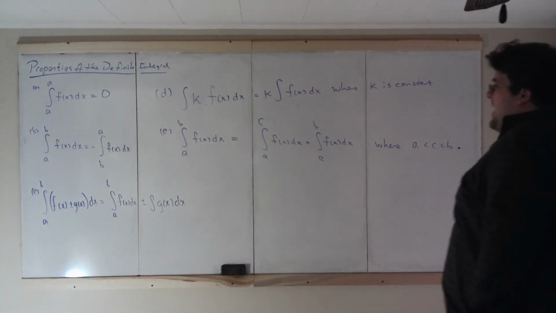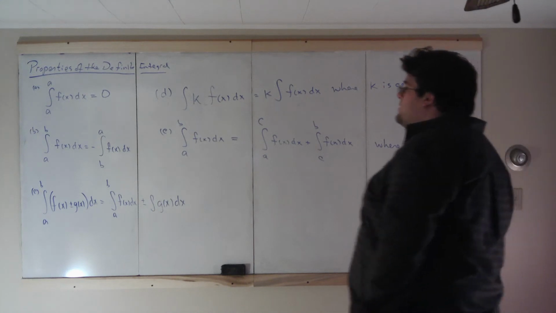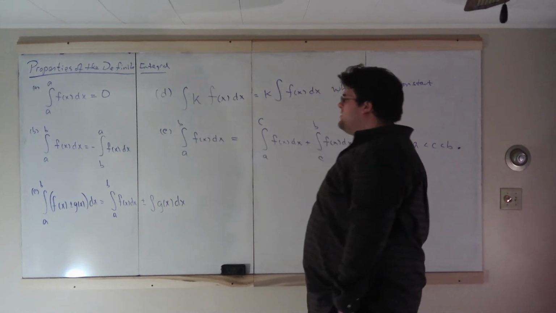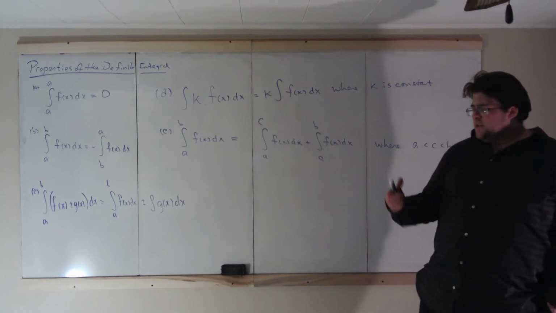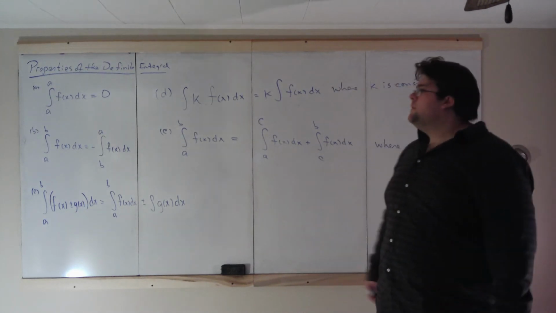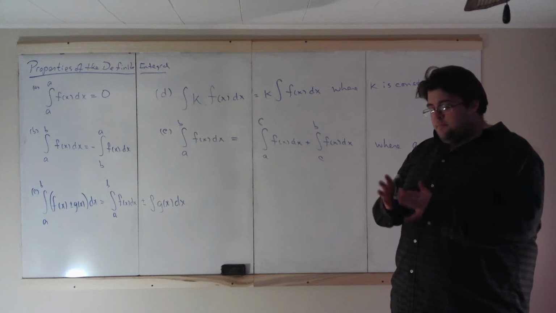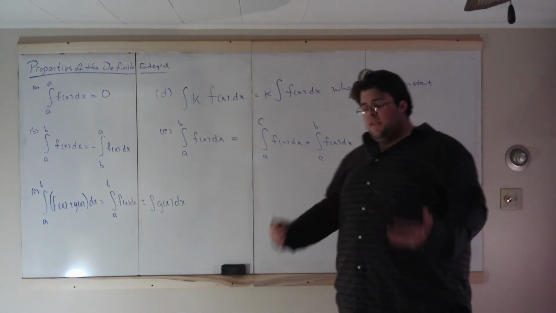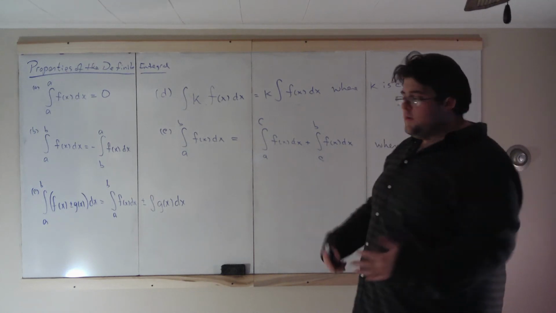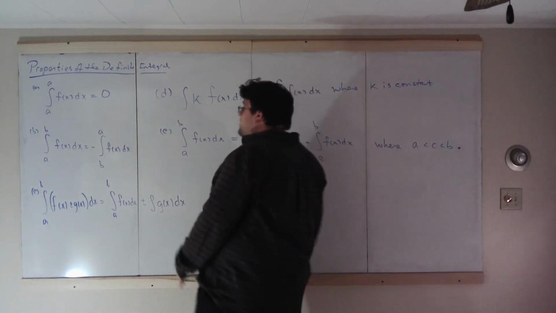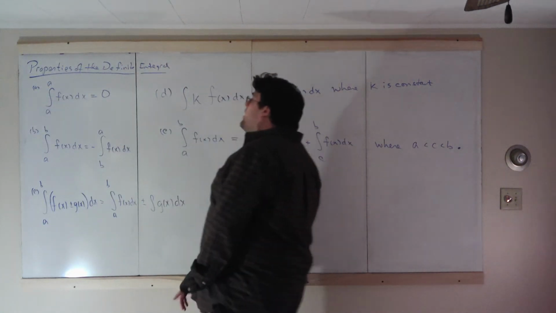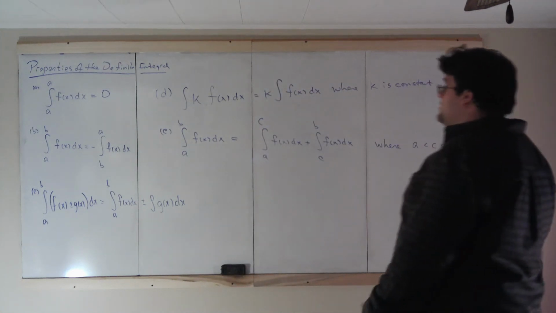First, the integral from a to a of f of x is 0. Now, why is that? Well, remember, the definite integral is defined as the limit of the sum of areas of rectangles. So if we're looking only at a to a, the base of each rectangle is going to be length 0, which causes the area of each rectangle to be 0 in our approximation, and because of that, the integral from a to a will be 0.